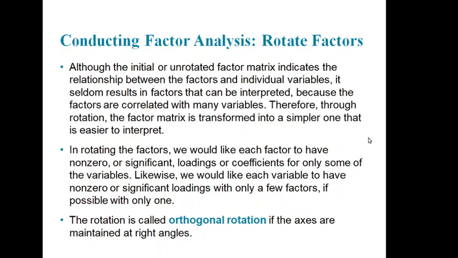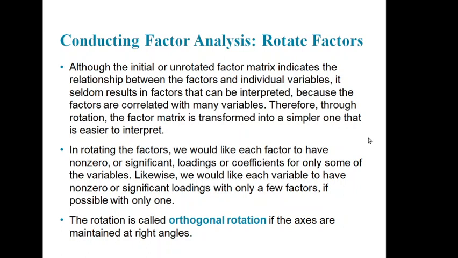So when you conduct a factor analysis, the first set that you get is an unrotated factor matrix, right? So in the SPSS console, you can specify the kind of factor analysis that you require, whether it could be orthogonal or any other rotation method, right?